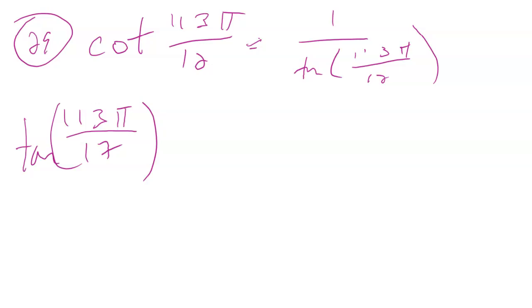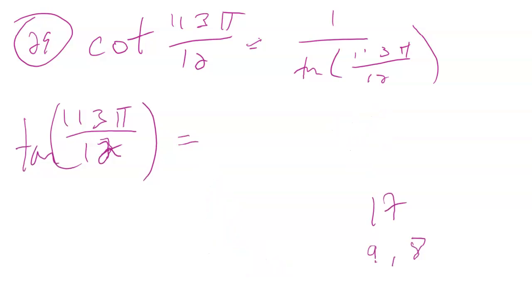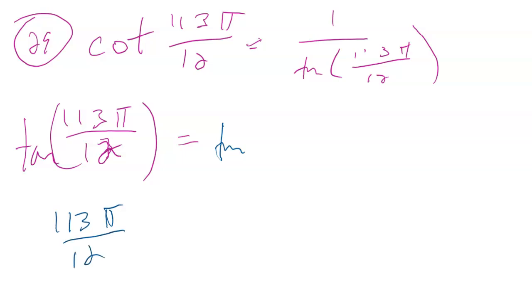Let's see. So if I count by 2's, in theory, this should be easy. Okay, I had to do some side work to make the numbers work out. But basically, we want to look at multiples of 2 pi. So it turns out that for tangent of 113 pi over 12, you could subtract off 96 pi over 12.